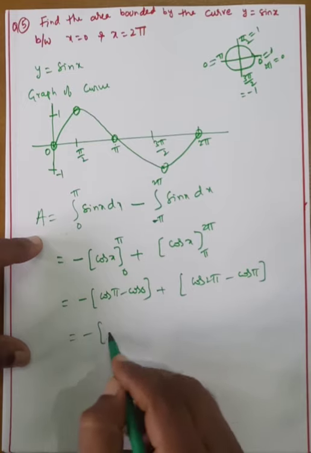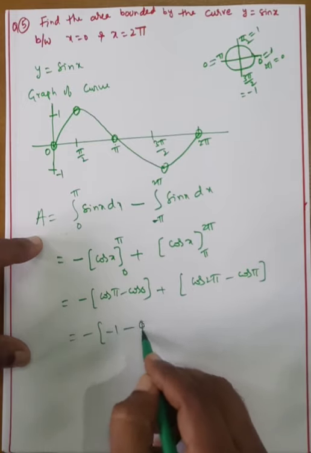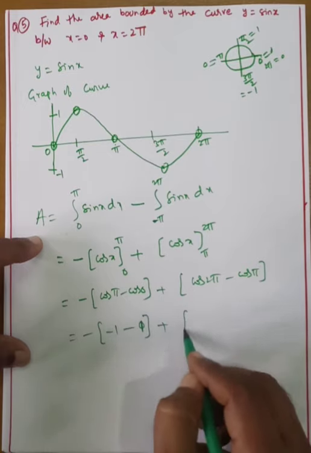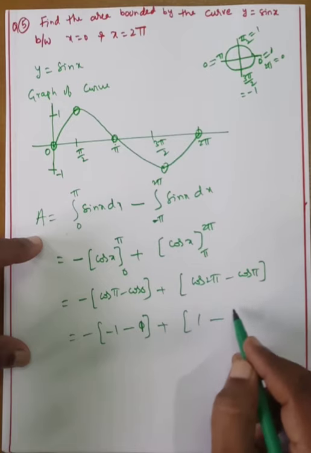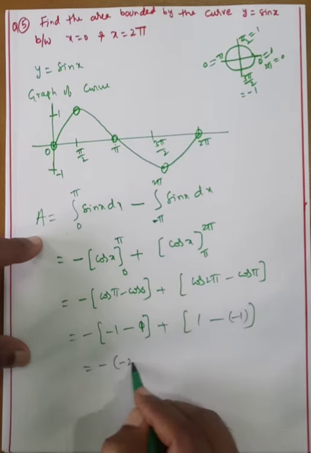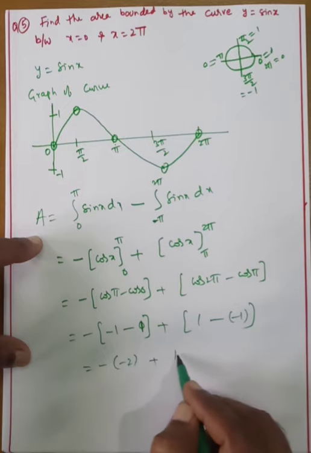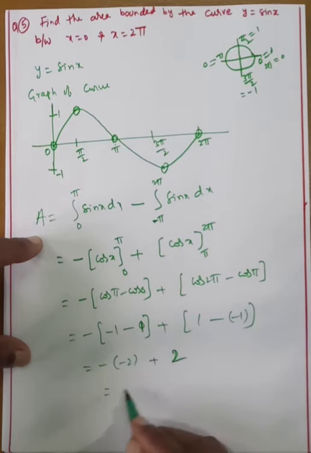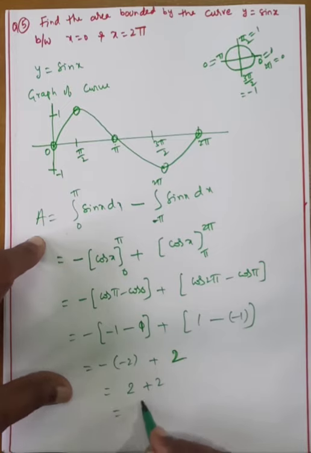Cos pi value is minus 1, cos 0 is 1, cos 2 pi is 1. Okay my dear students, this is minus of minus 2, plus 1 plus 1 means 2, 2 plus 2 is equal to 4. Area is equal to 4 square units.